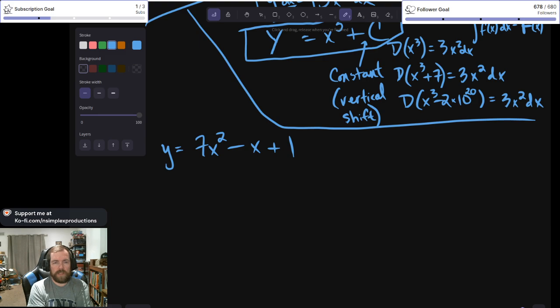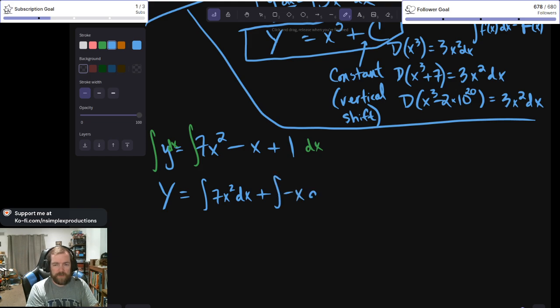Well, again, if we just take the antiderivative of both sides with respect to x, the left side again becomes capital Y. The right side, much the same as we did with derivatives, we can also do the integrals separately. So this is allowed to be the integral of 7x squared dx plus the integral of negative x dx plus the integral of 1 dx.